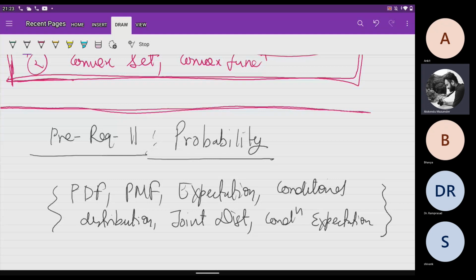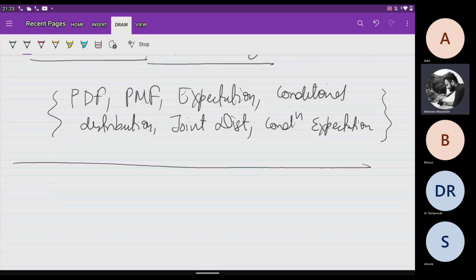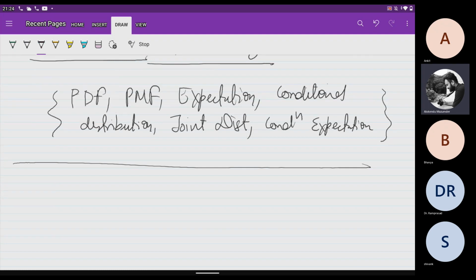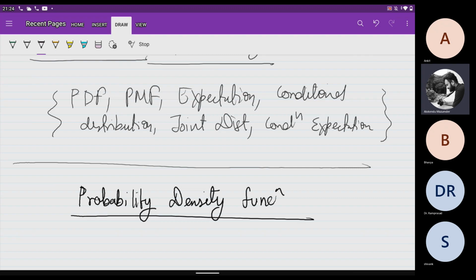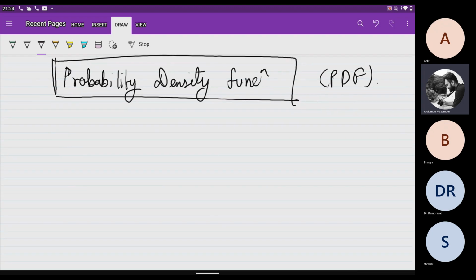Then we will have a quick discussion about all these terms. So let's start with something known as probability density function, or what you know as PDF.